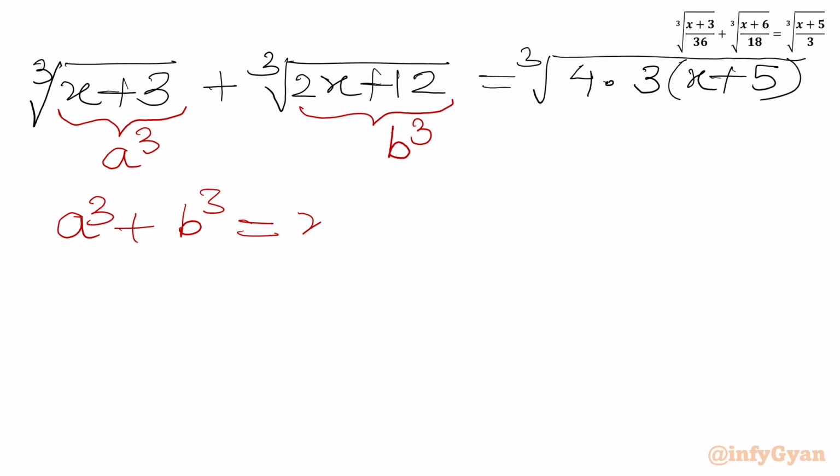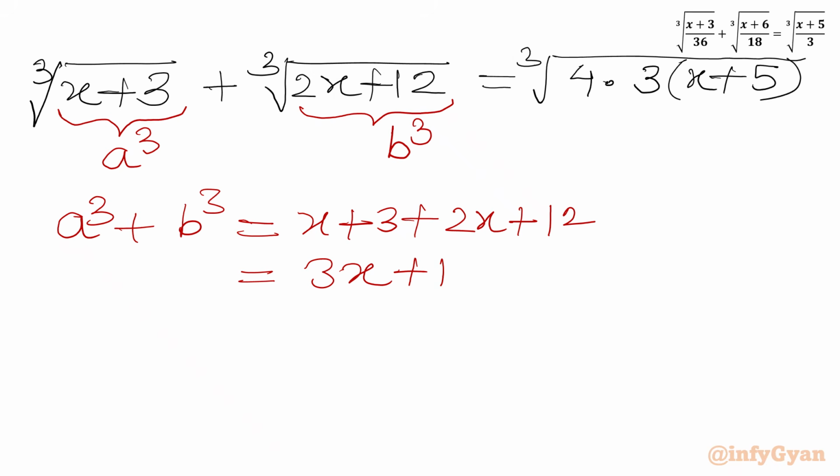So a cube is x plus 3, b cube is 2x plus 12. So x plus 2x is 3x, 3 plus 12 is 15. Once I take 3 common, we will get x plus 5 in the bracket.